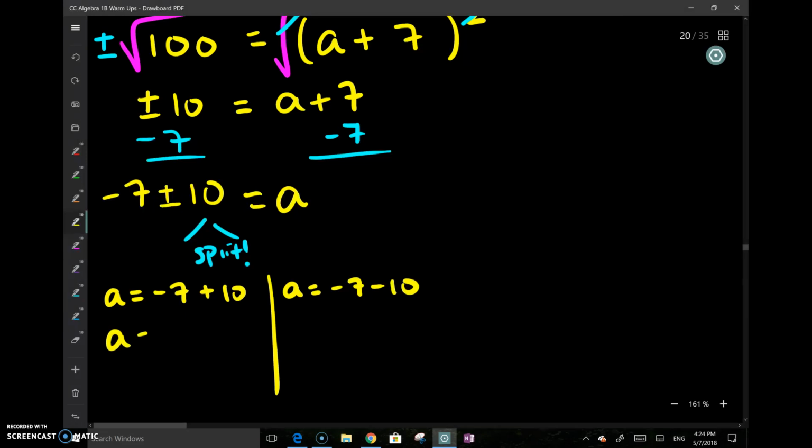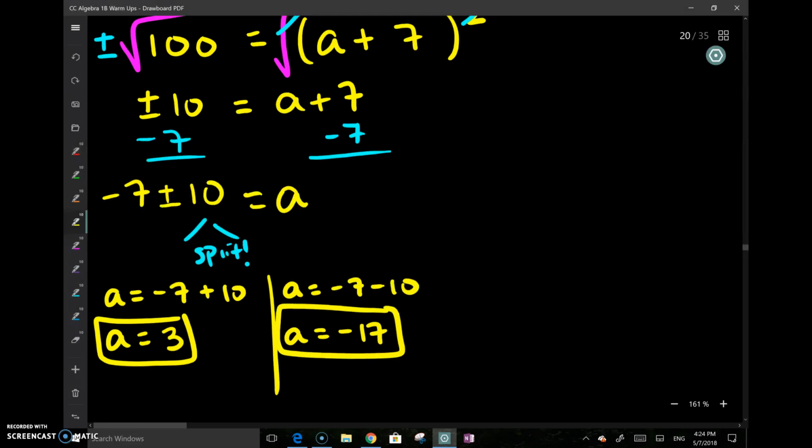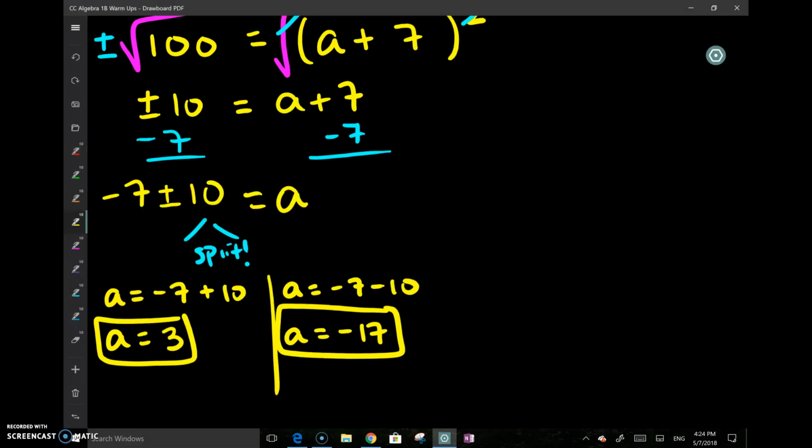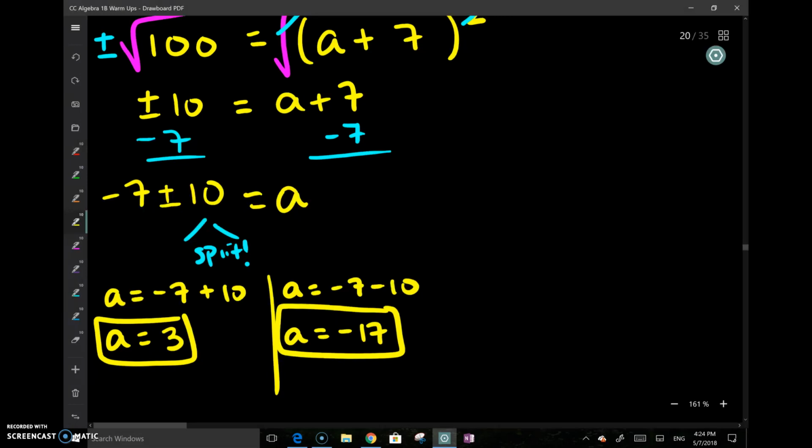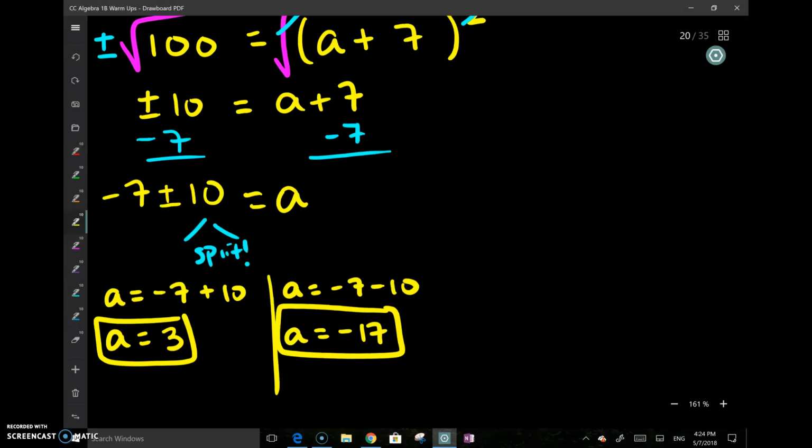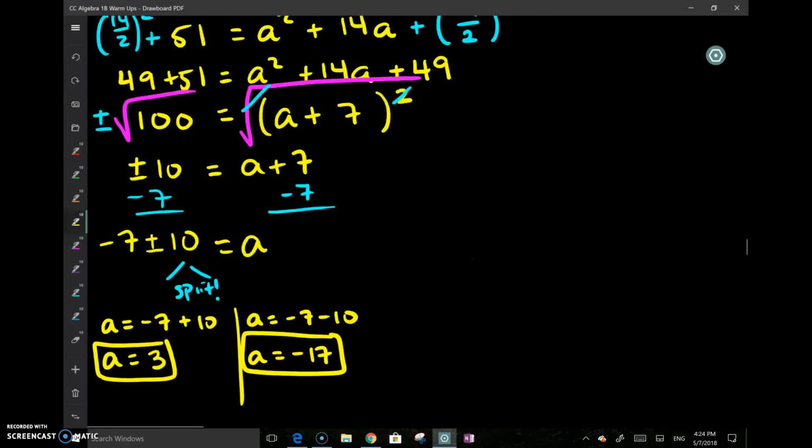So my first one is a is equal to positive 3, my first answer. And the next one is a is equal to negative 17. And what these answers represent, again, are two x-intercepts, one located at positive 3 and the other at negative 17 along the x-axis. So there you have it.